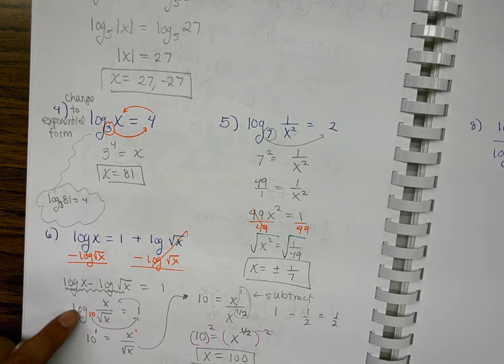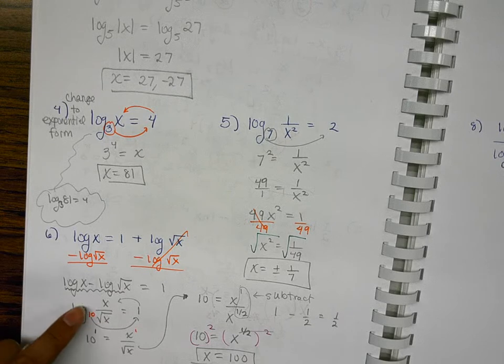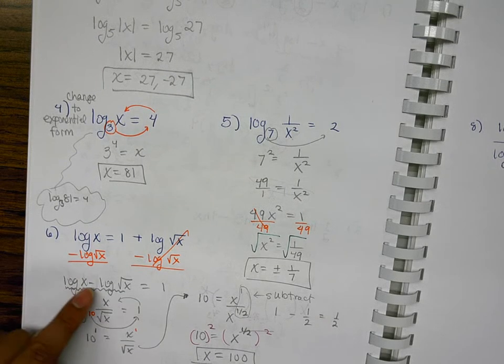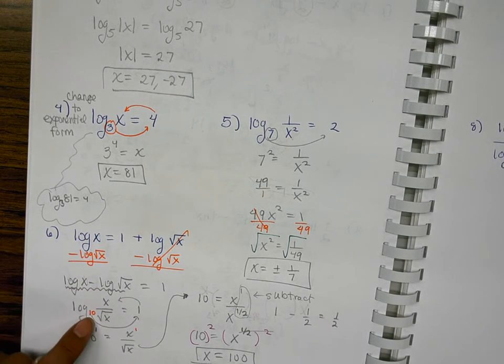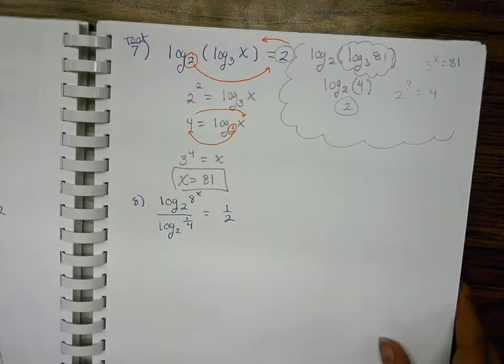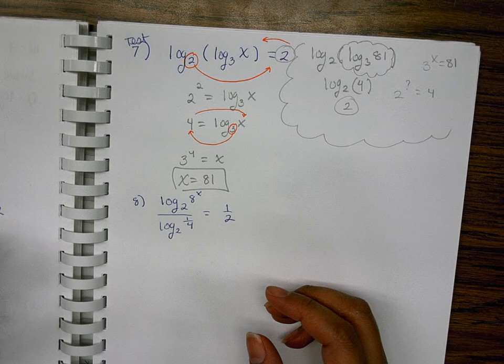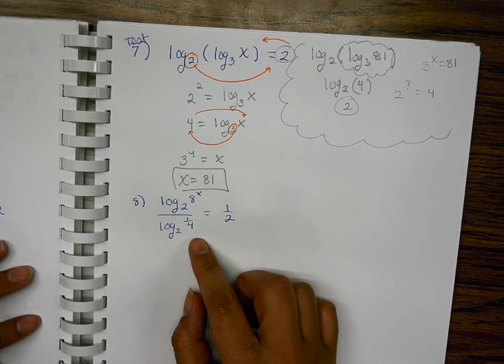Log of m over n, whatever it may be, equals log of m minus log of n. This is a type that we either break up or condense. This is not log of a fraction. This is a fraction with logs.